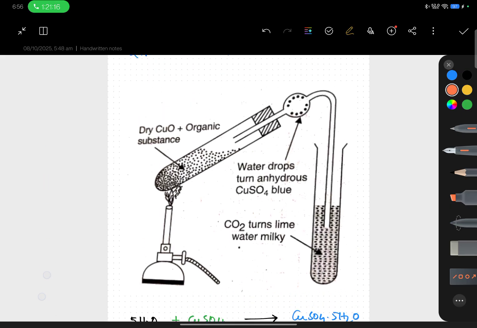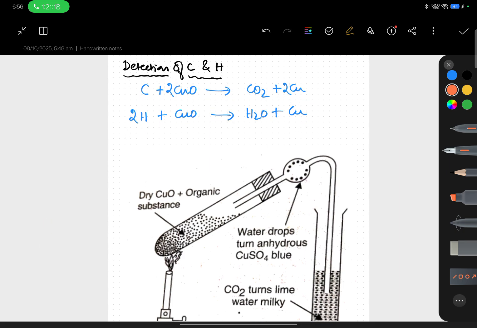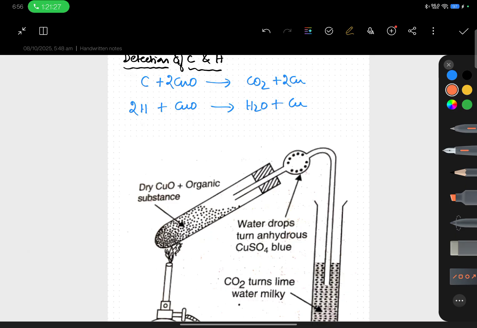Have you drawn the diagram and the equations? No, sir. Copy, no problem.